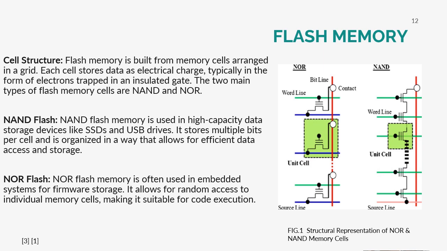Their corresponding structures are shown in this figure, the structural representation of NOR and NAND memory cells. Intel was the first company to introduce a commercial NOR type flash chip in 1988, and Toshiba released the world's first NAND flash in 1989.